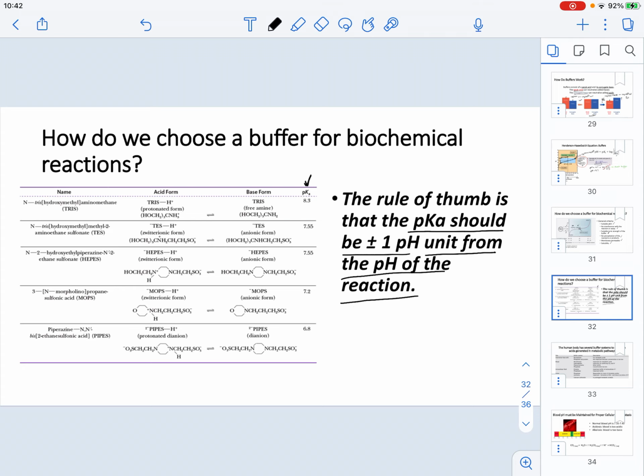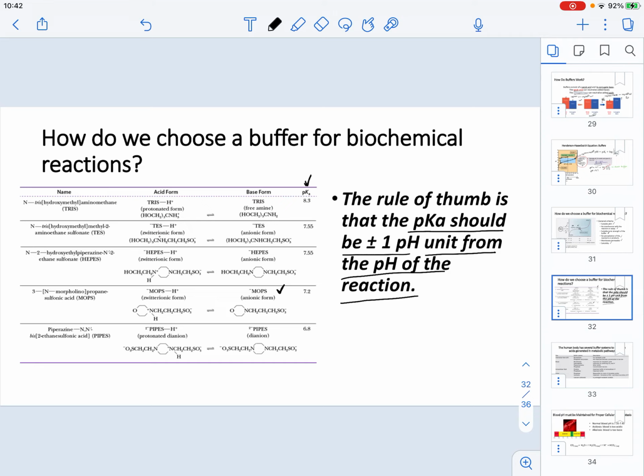So if you know, for example, that you need to run a reaction around pH 7, then you know that a good buffer for it will be, for example, MOPS, because the pKa is close to 7.